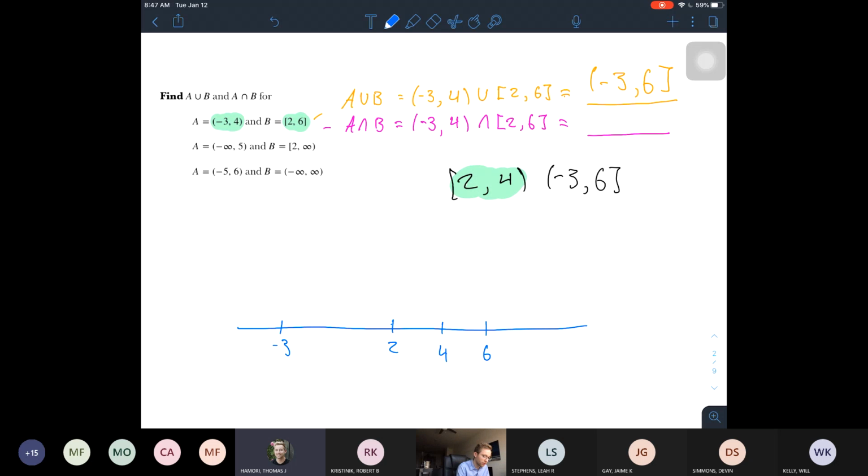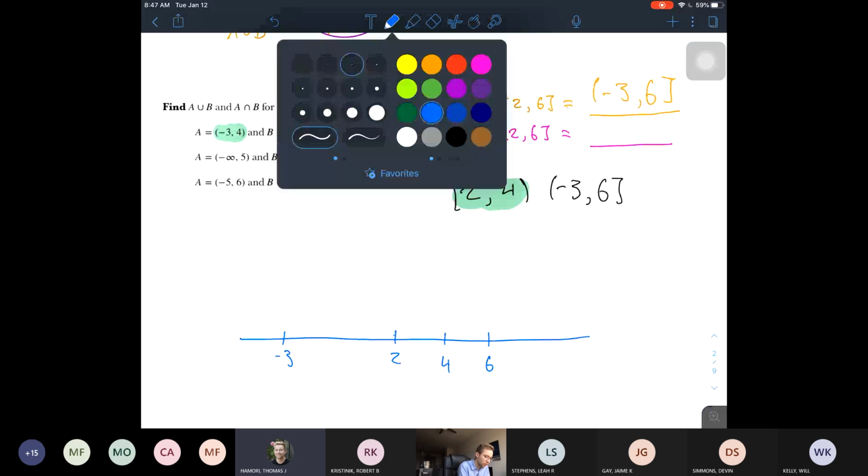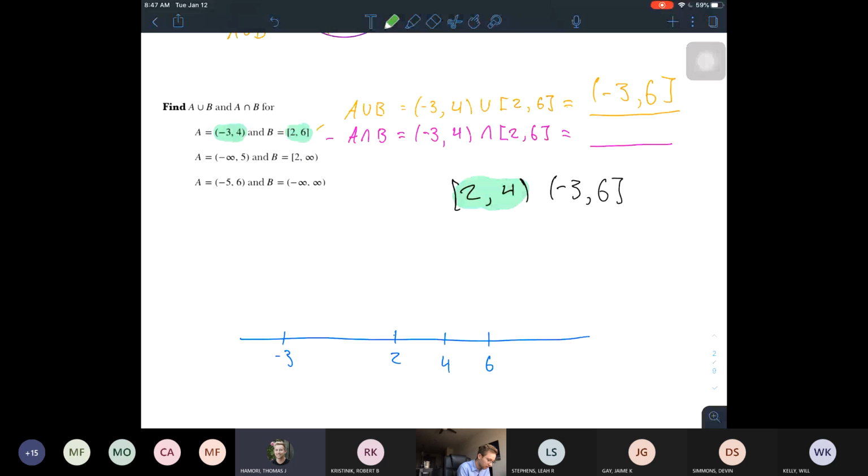And our first interval is the interval -3, 4. So let's draw that in. We would draw it in with parentheses, like this, -3, 4. Okay, and the first interval is everything that is in between those 2 points, excluding -3 and 4.